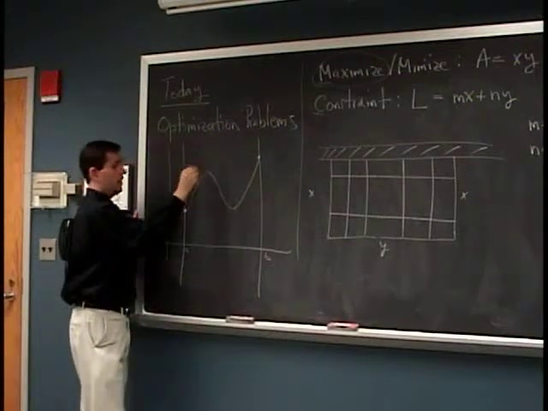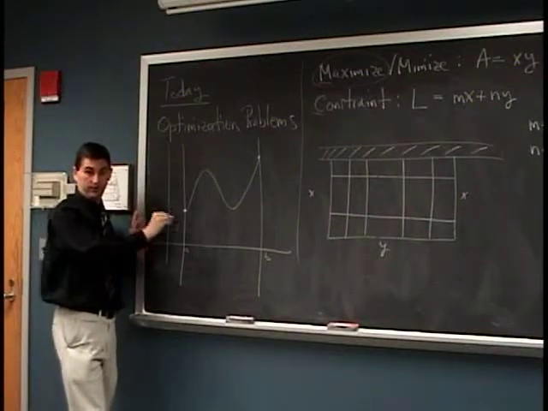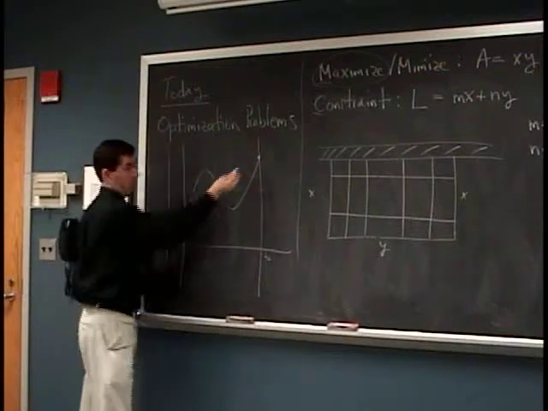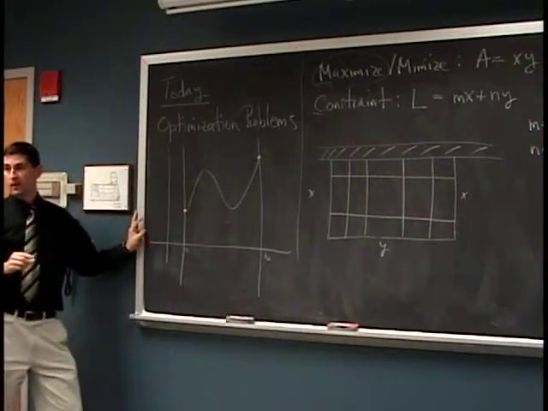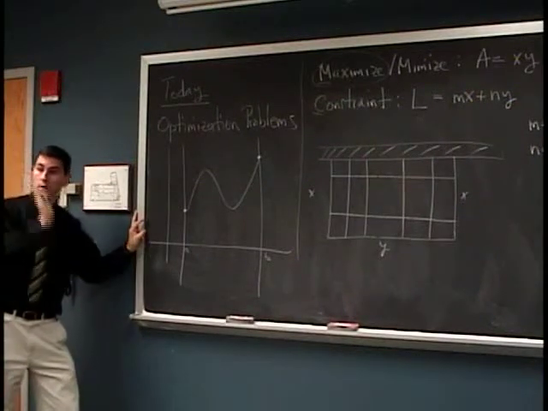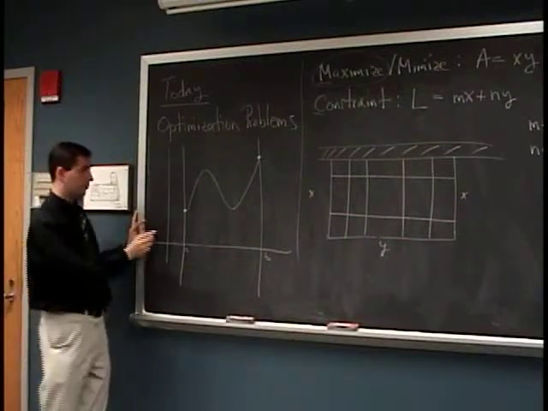So for instance here, you have a max, but it's not an absolute max on this interval, is it? Why? Because this point is higher, one of the endpoints. But the absolute max is always either going to be one of the local maxes or one of the endpoints. And the absolute min, the same thing.